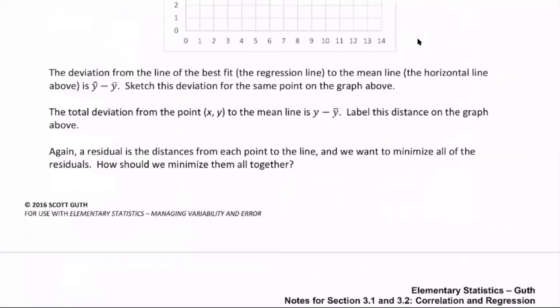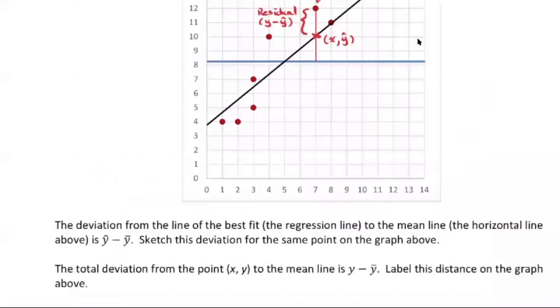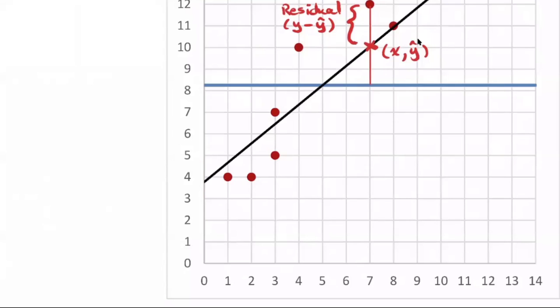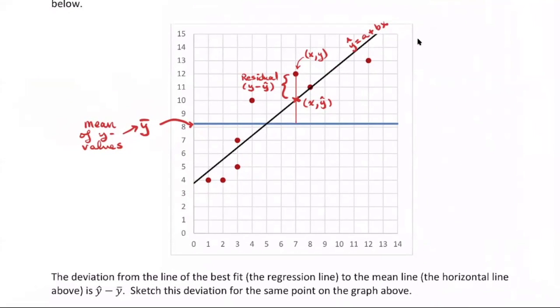It says the deviation from the line of best fit to the mean line is above, and they want us to sketch that. So the mean of the y coordinates is right here. That's y bar, the mean of the y values, and that's what the blue line represents.